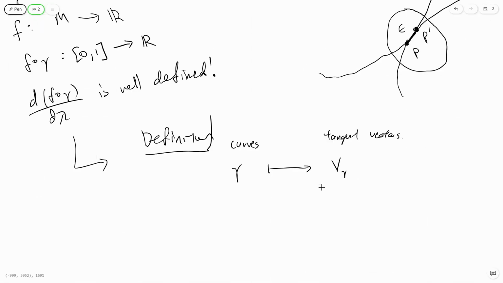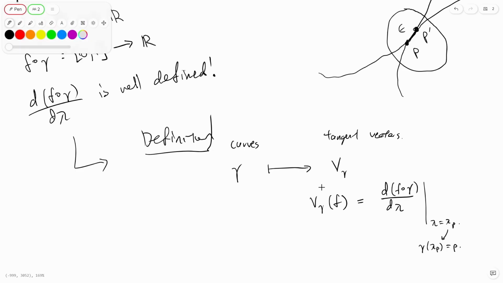So this v of f is defined by how it acts on a function f, and how it acts on a function f is as follows. We evaluate this at lambda equals lambda p, where lambda p is the point that gives you gamma of lambda p mapped to point p. Now this definition may seem a bit mind-boggling, but the important part is just this derivative over here. For all purposes, you can think of this tangent vector as this derivative.